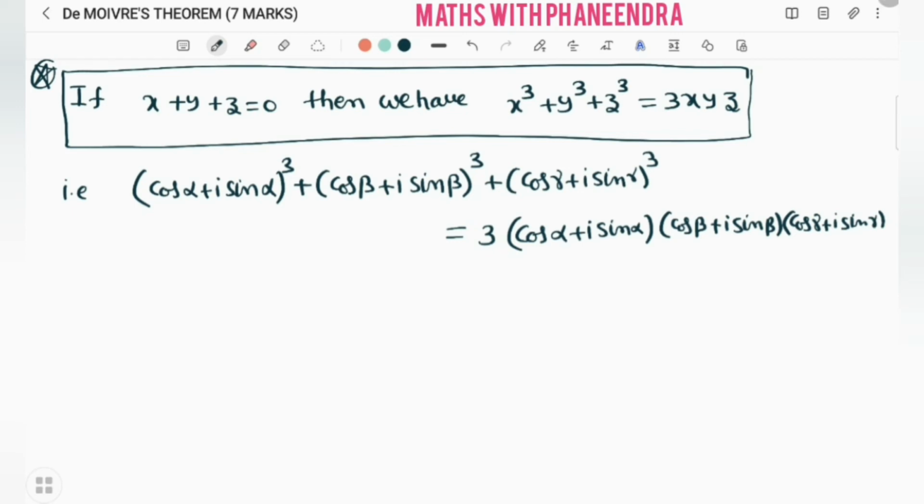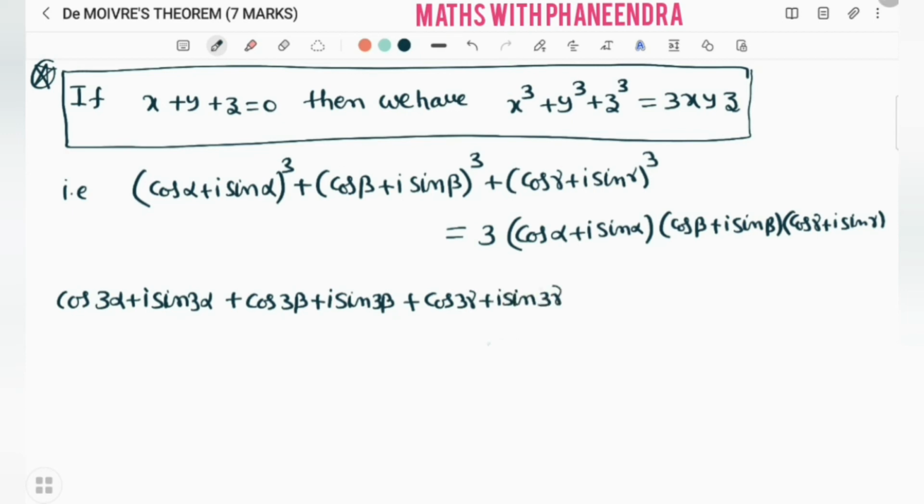By using Moivre's theorem, the LHS terms can be written as cos 3 alpha plus i sin 3 alpha, plus cos 3 beta plus i sin 3 beta, plus cos 3 gamma plus i sin 3 gamma, is equal to 3 into, observe carefully dear students, the product of three complex numbers.